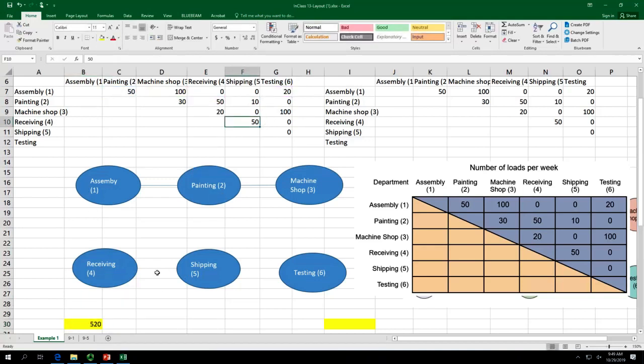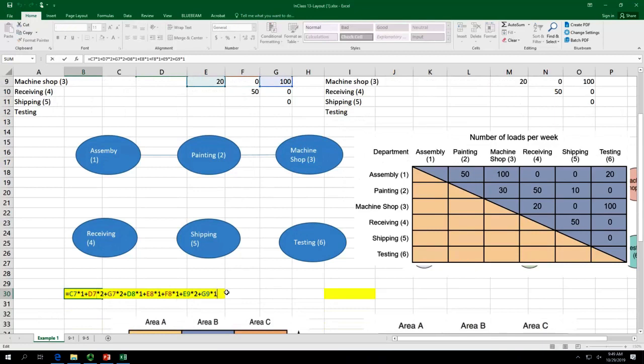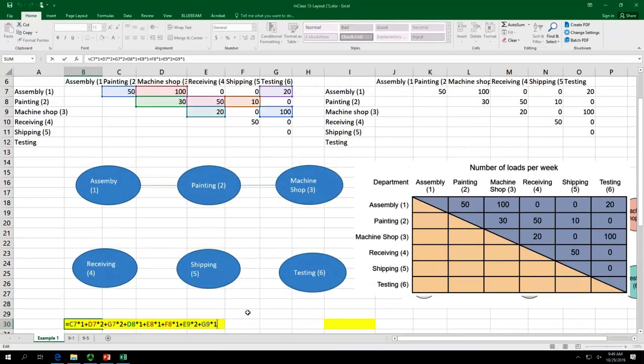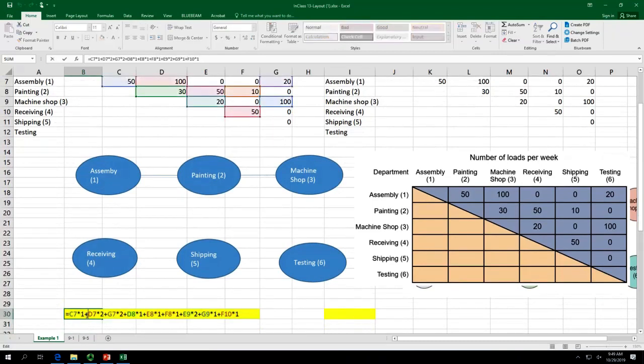So 4 and 5, they are close to each other. So plus 4 and 5, it is 1. Do you get 570? Yes.